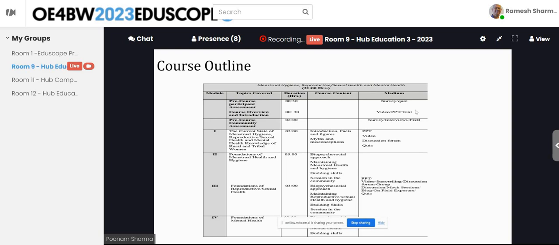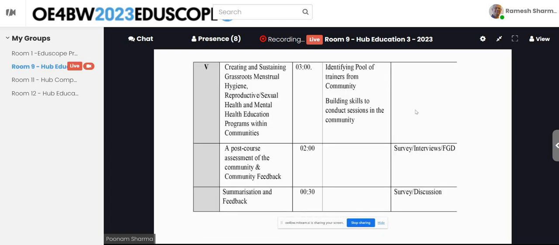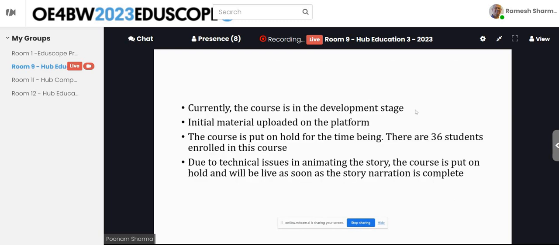Then, the evidence-based ways, with minimal resources, in which they can keep themselves healthy and hygienic. A small amount of mental health was also included, because a lot of females suffer from mental health and well-being issues because of menstrual aspects. So these are the modules which are planned.